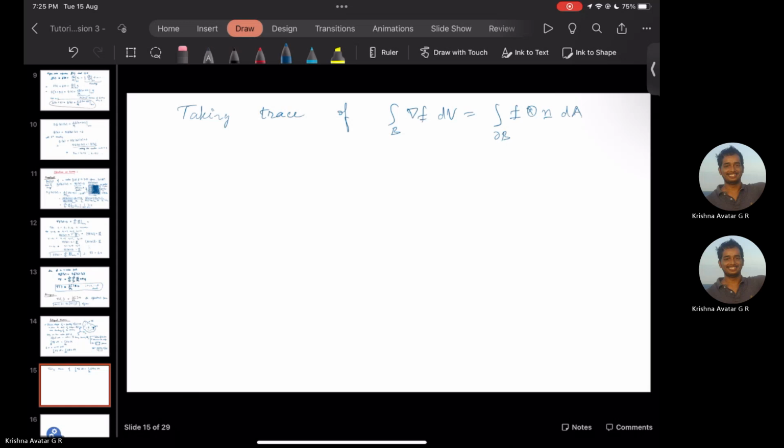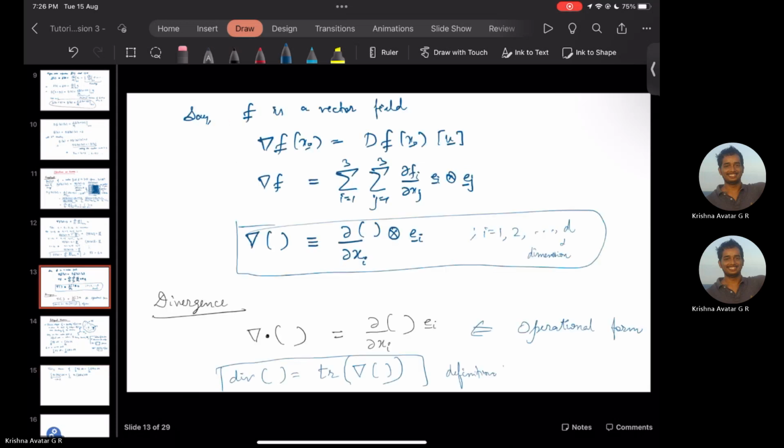Let's take the trace on both sides. We can take the trace operator inside, so it becomes an integral over the domain of the trace of grad F dV, equal to the integral over parcel B of the trace of F vector tensor n. And now the integrand of this expression is nothing but the divergence of F, right? That's what we had looked at from our divergence relation.